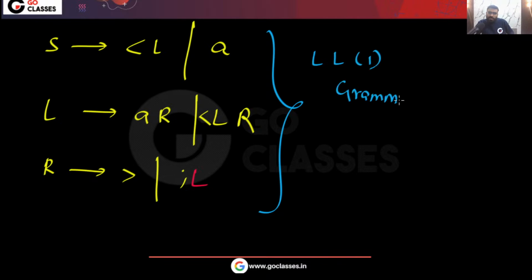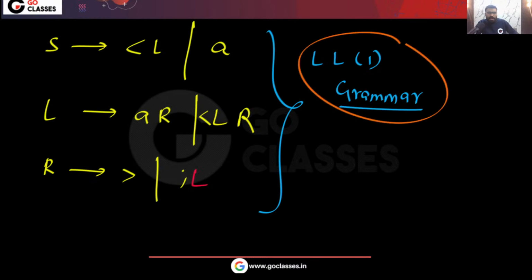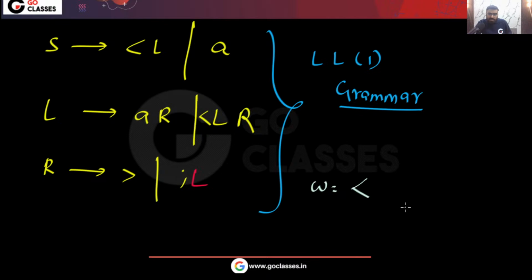In compiler design you study a concept called LL1 grammar. You can see this is an LL1 grammar because there is no ambiguity here. For example, in the string, if the first symbol is this, then you have to take this production. There is no ambiguity between these two productions.